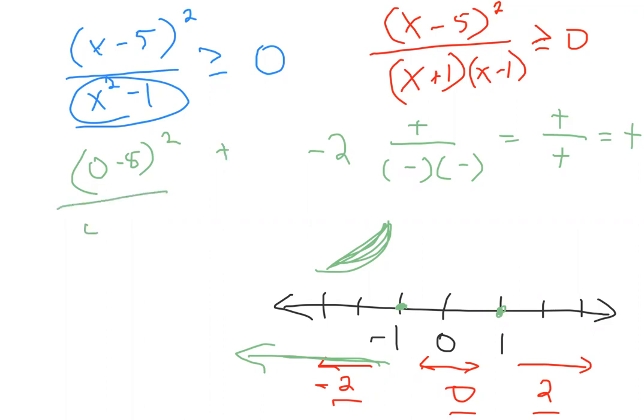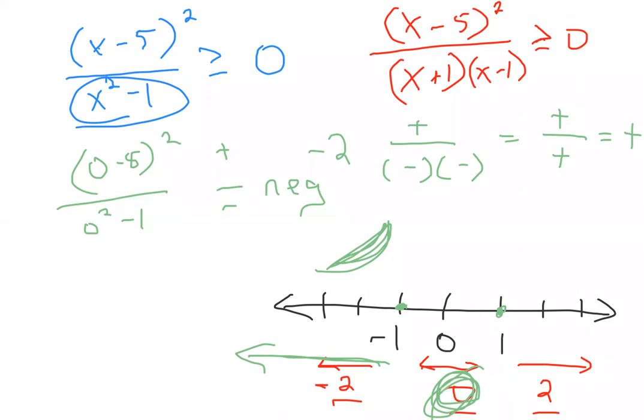If I plug in 0 squared minus 1, well, 0 squared is 0, minus 1 gives me a negative. A positive over a negative is a negative. So here, between -1 and 1, I am down here. Again, I don't care about the shape of the graph. I just want to know where the graph is greater than 0 or above the x-axis.